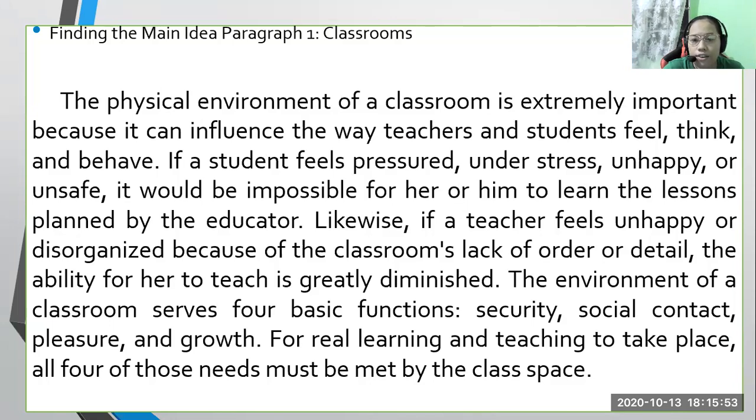Likewise, if a teacher feels unhappy or disorganized because of the classroom's lack of order or detail, the ability for her to teach is greatly diminished. The environment of a classroom serves four basic functions: security, social contact, pleasure, and growth. For real learning and teaching to take place, all four of those needs must be met by the class space.